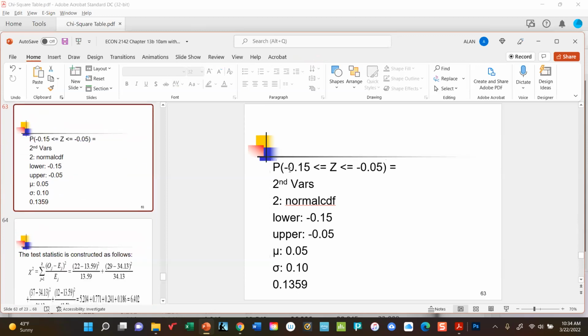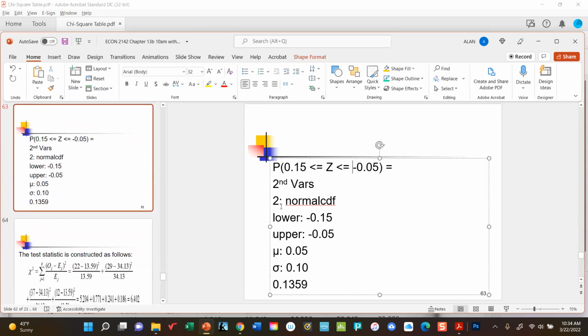And then everything from positive 15 to 25. Oops, no, that's not what I wanted to do. This is it, yeah. So let's try that one. 0.1359 again. Okay, so those are done.